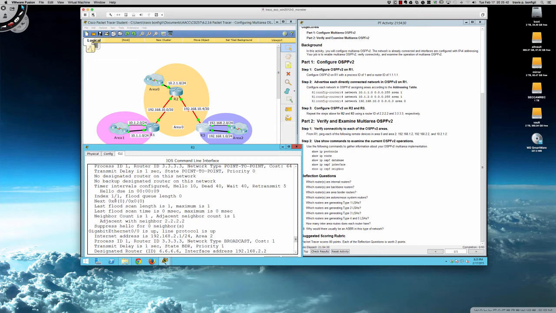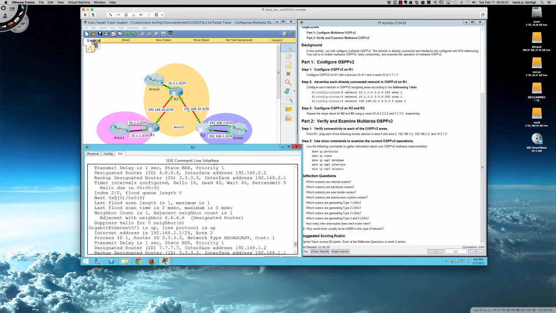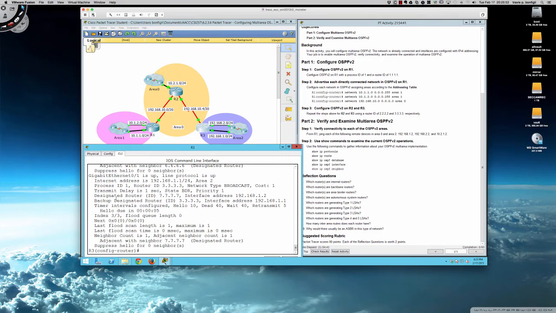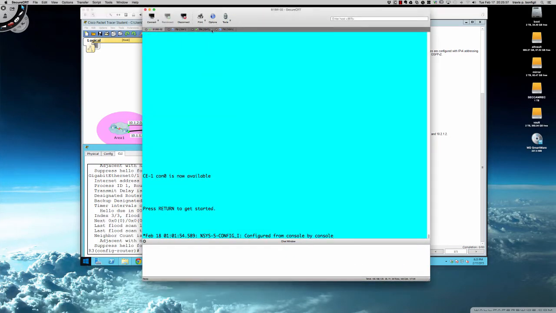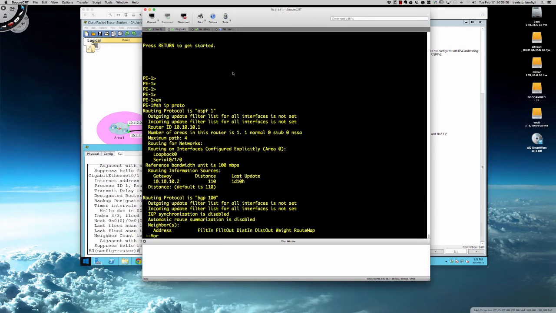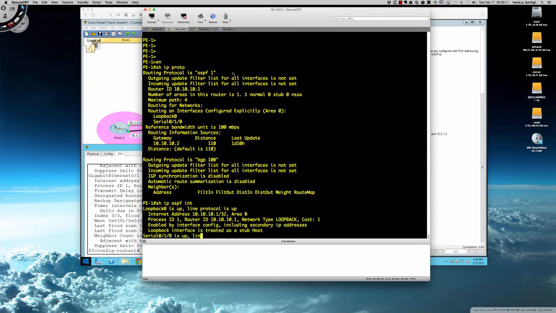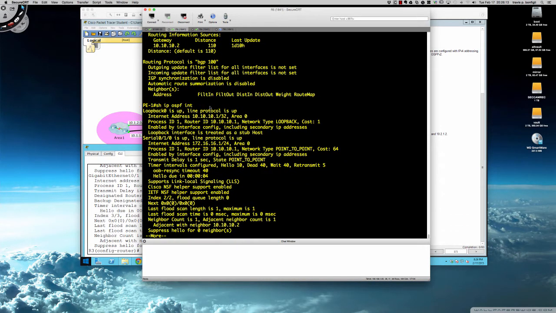I may have to pull up, because what we should see is it should tell us that it's an autonomous, or I'm sorry, not autonomous, that it's an area border router. And I'm not sure, maybe I've got the wrong command. Give me 2 seconds here. All right, so let me pull up, let's see here. This is a real Cisco 1841 router and show IP protocols. Let me make sure that, yeah, so show IP OSPF interface.